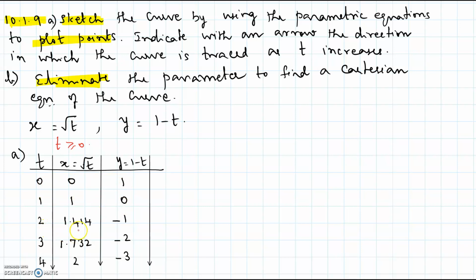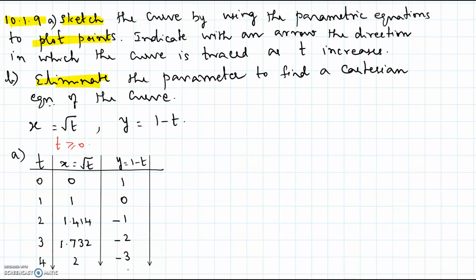When t equal to 2, we get 1.414, which is the value of square root of 2, and the y coordinate is -1. When t equal to 3, x equal to 1.732, which is square root of 3, then y equal to 1 minus t gives us -2. When t equal to 4, x equal to 2 and y equal to -3.